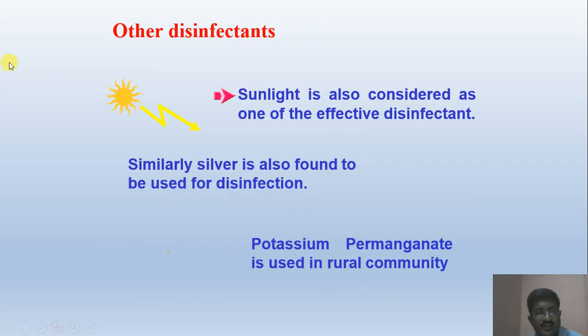Other disinfectants are there. Sunlight is also considered one of the effective disinfectants. Similarly, silver is also used for disinfection. Potassium permanganate is used in rural areas.